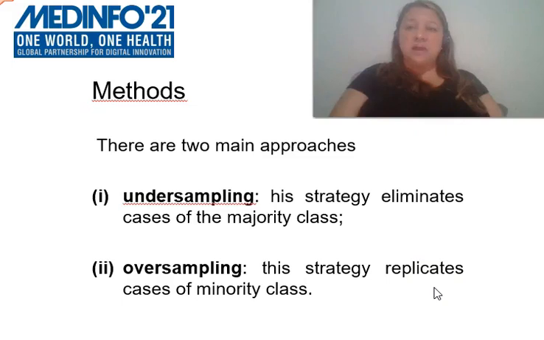There are two main approaches. Undersampling: this strategy eliminates cases of the majority class. Oversampling: this strategy replicates cases of the minority class.